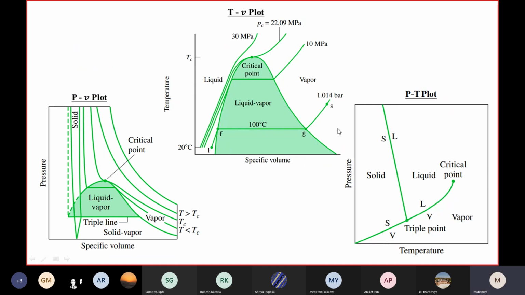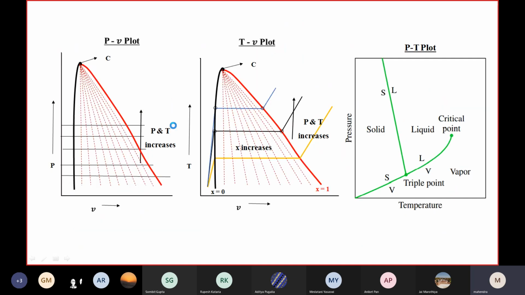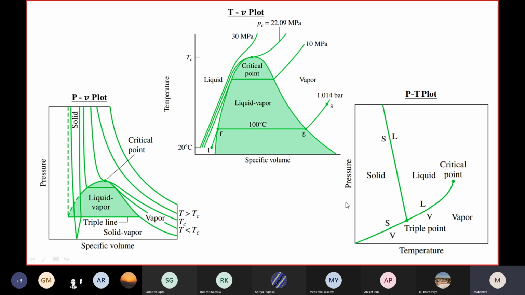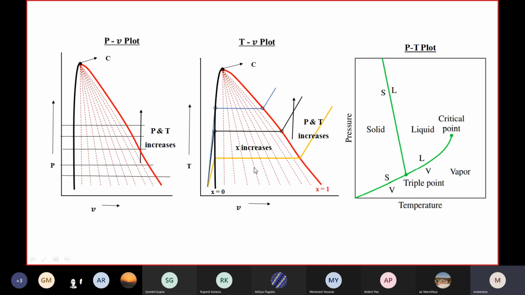We have already discussed the 3D PVT plot, which we have divided into PV, TV and PT. Now, when your liquid changes phase from saturated liquid to saturated vapor, in the latent heat zone, these are different pressures, we observe a certain fraction of liquid and the rest is vapor.